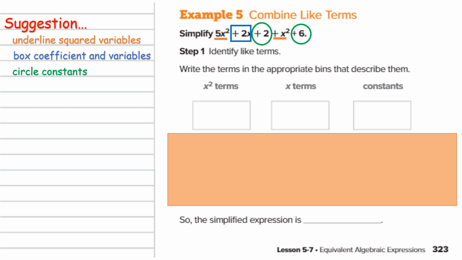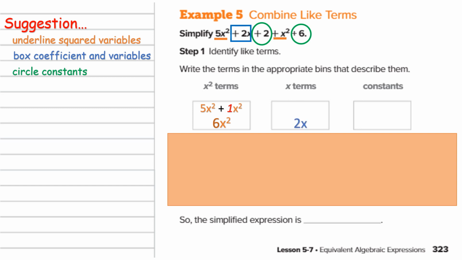Now I have these x squared. So my x to the second power, or my x squared, are going to be 5x squared plus, we have to remember that's an understood coefficient of 1, so plus 1x squared. My x terms, well, that's my blue box, and I only have 1.